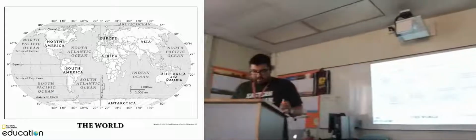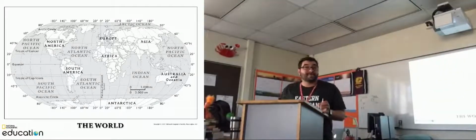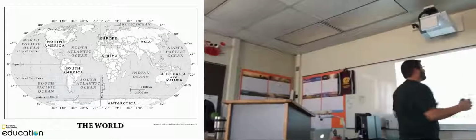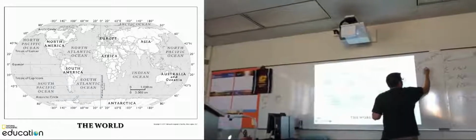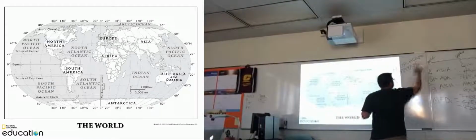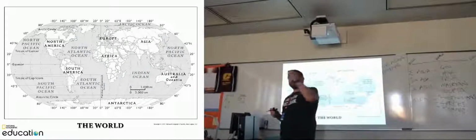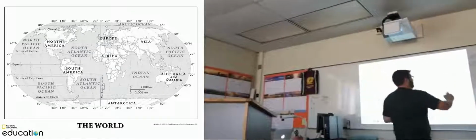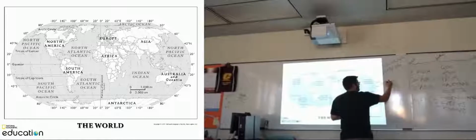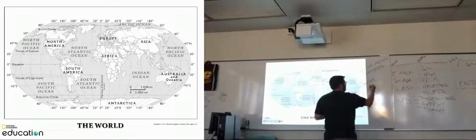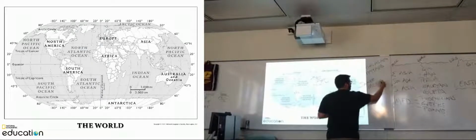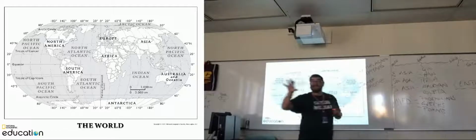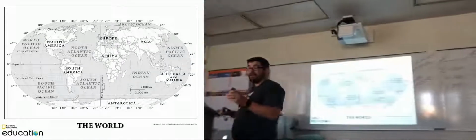Teotihuacan, a city-state that will predate and ultimately inspire some people you have heard of called the Mayans. Now, Teotihuacan and the Mayans, and then in South America, people called the Moche people, who predate the Incans. We'll talk about them much later in the year.